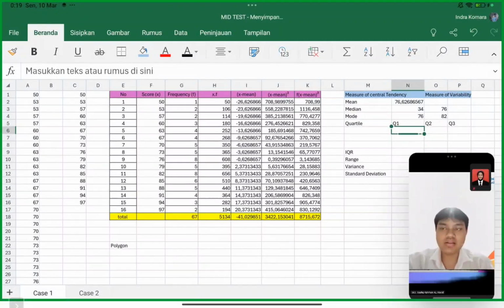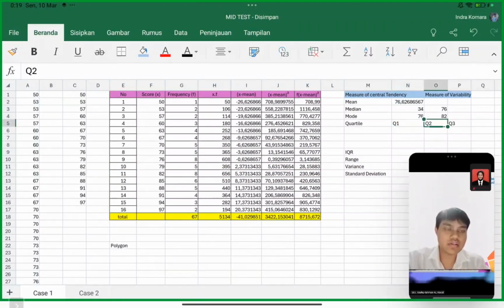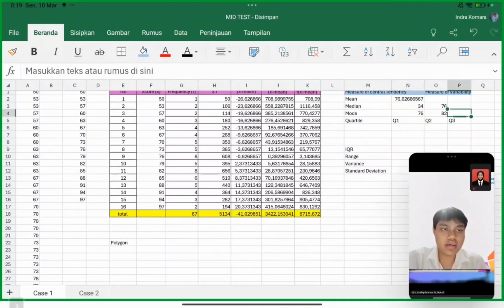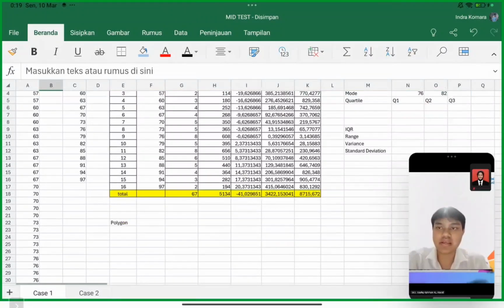So quartile 1, what is quartile 1? Of course, quartile 1 is the middle of the first data. So the data is divided into four parts. The first is quartile 1, the second, or we call it the median, is quartile 2, and the last is quartile 3. So quartile 1 is the middle of the data in the first part.